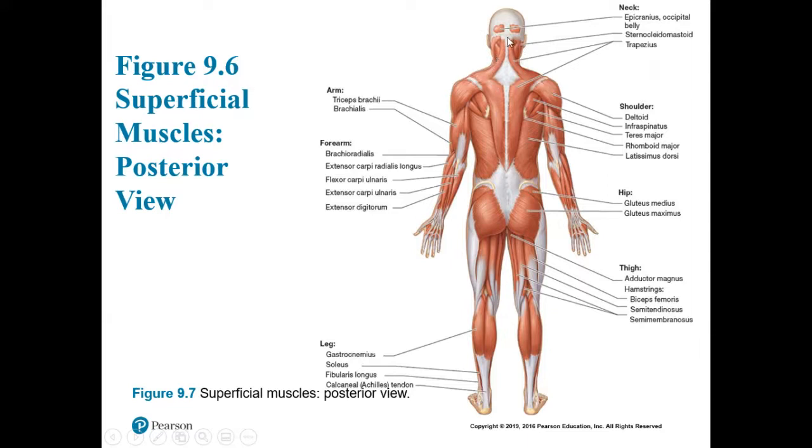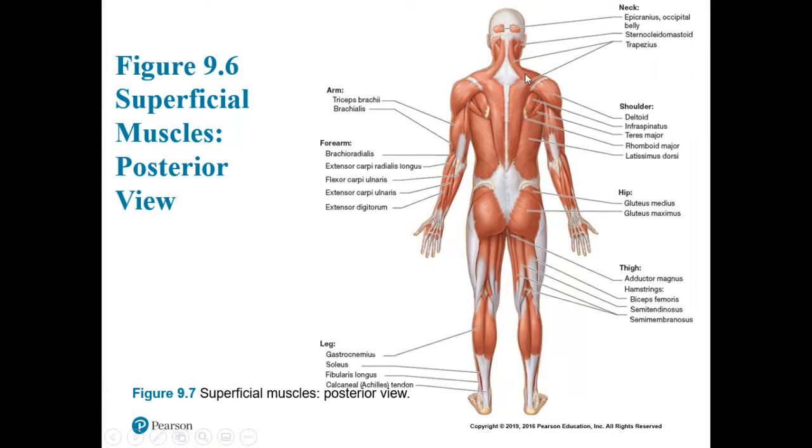It's got origin points on the occipital bone, on the cervical vertebrae, on the thoracic vertebrae, and also on the clavicle and scapula, right? So it's that big, and then it extends down onto the beginning of the lumbar region, okay?